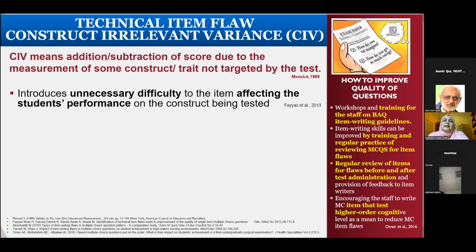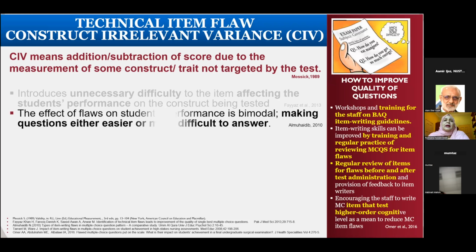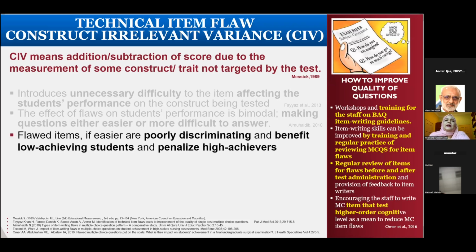For example, it introduces unnecessary difficulty to the item, affecting the student's performance. The effect of a flaw on student performance is bimodal, making the question either easier or more difficult to answer. In that way, it will be a poorly discriminating question, benefiting low-achieving students and penalizing high-achieving students.